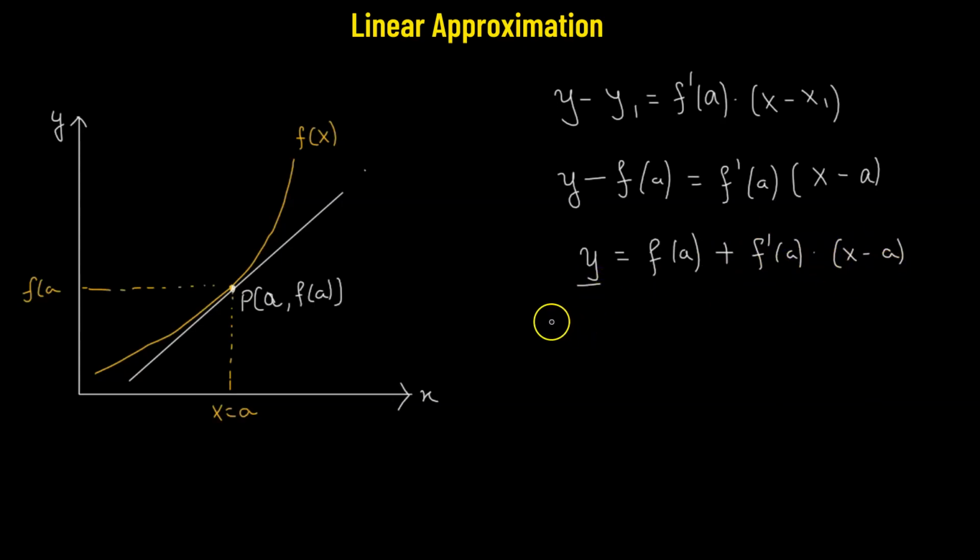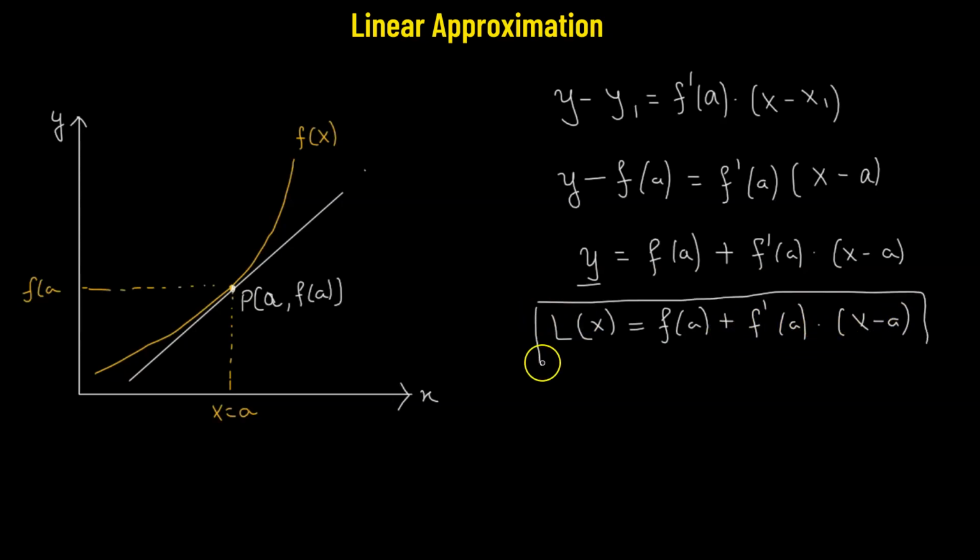So y will be equal to f of a plus f prime of a times x minus a. Here we approximate y using the linear approximation function L of x. So this will be equal to f of a plus f prime of a times x minus a. We will be using this equation to approximate the value of the curve at that particular point P.